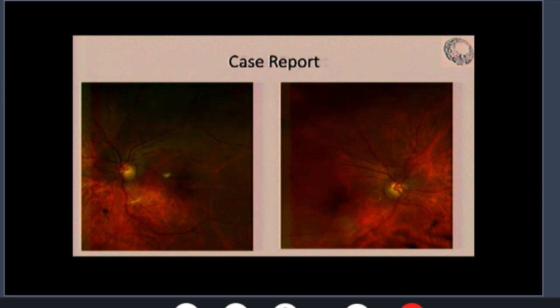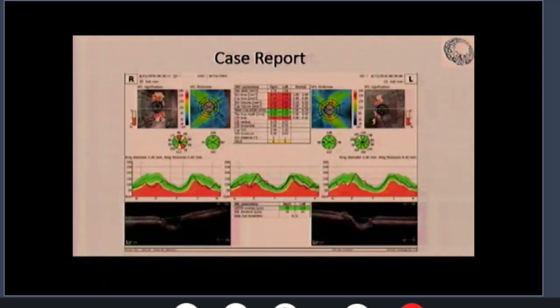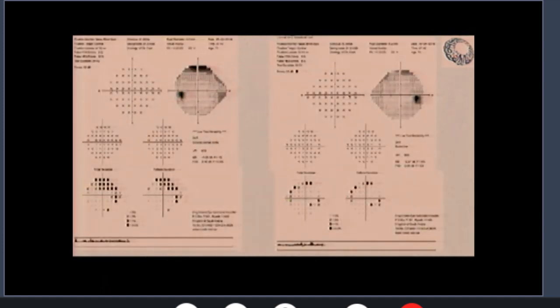The optic nerve. OCT. Visual field. And also two simple questions.